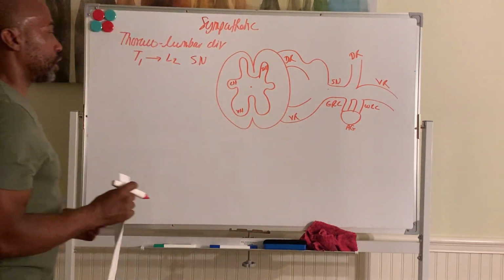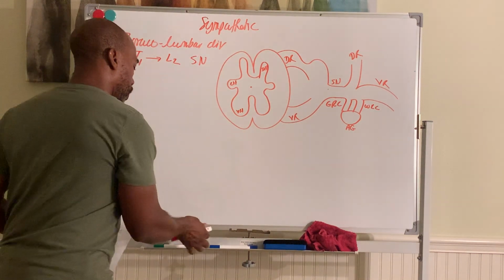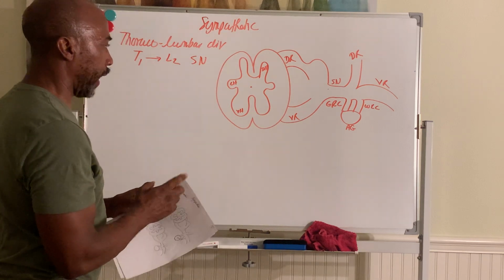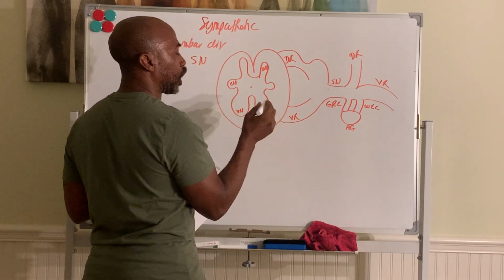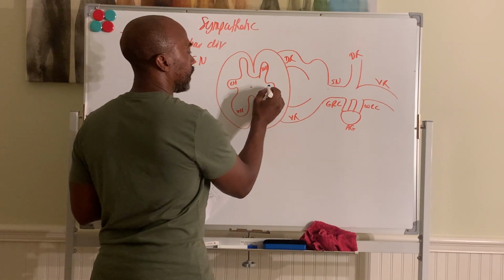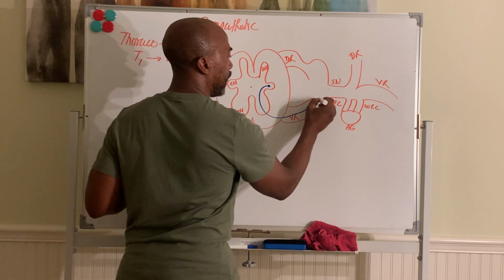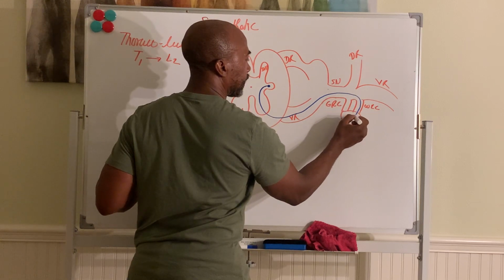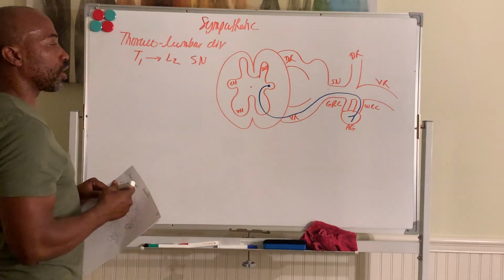All right, so let's do pathway number 1. Pathway number 1 is called your spinal nerve pathway. This is how it works. The pre-ganglionic neuron begins in the lateral horn, travels through the ventral root, enters the spinal nerve, enters the white rami communicantes, and synapses in the autonomic ganglia.